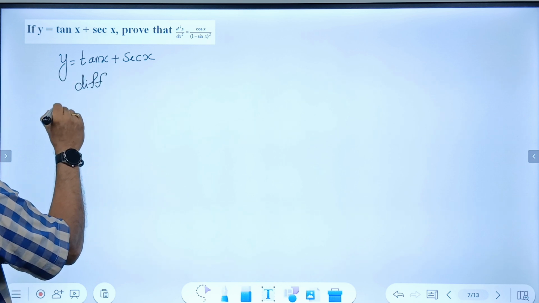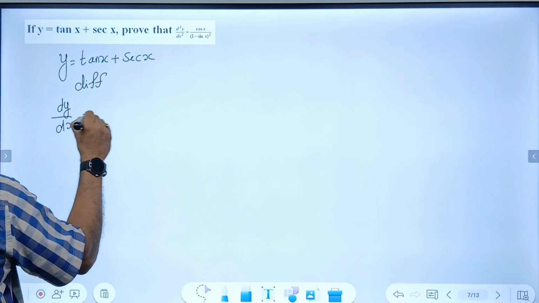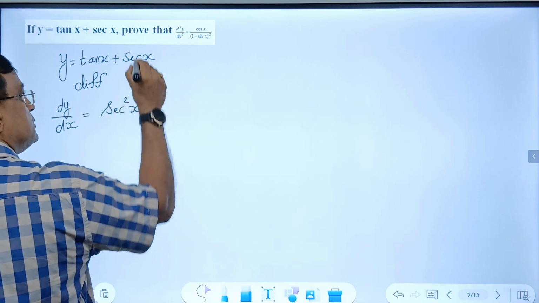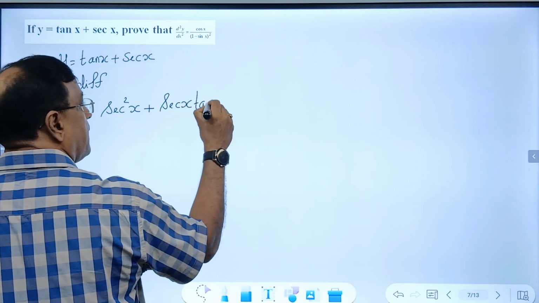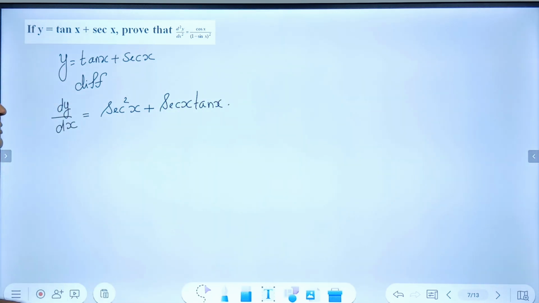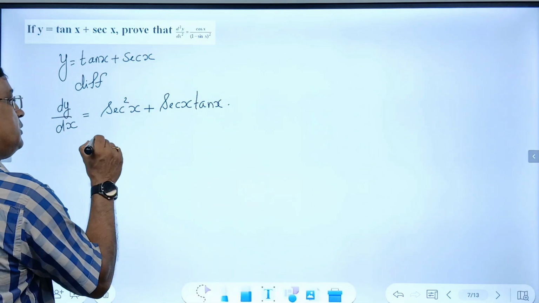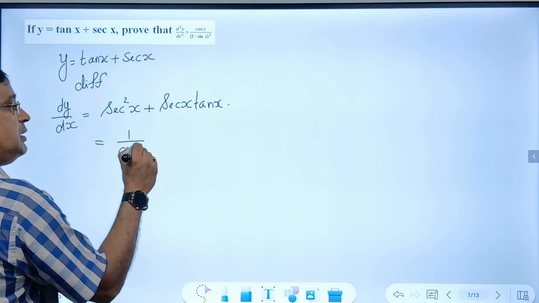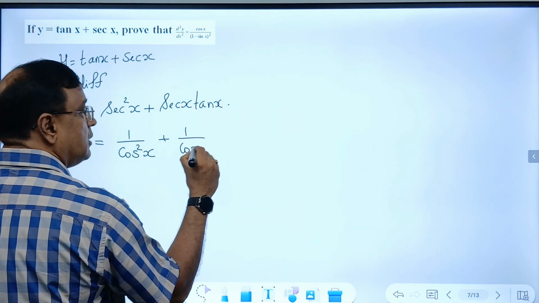How do I differentiate? dy by dx. What is the differentiation of tan? Tan is secant square x. And what is the differentiation of secant x? It is secant x tan x. Now since the answer is in terms of sine and cos, I will convert everything to cos and sine. Secant square is 1 by cos square. Secant is 1 by cos.